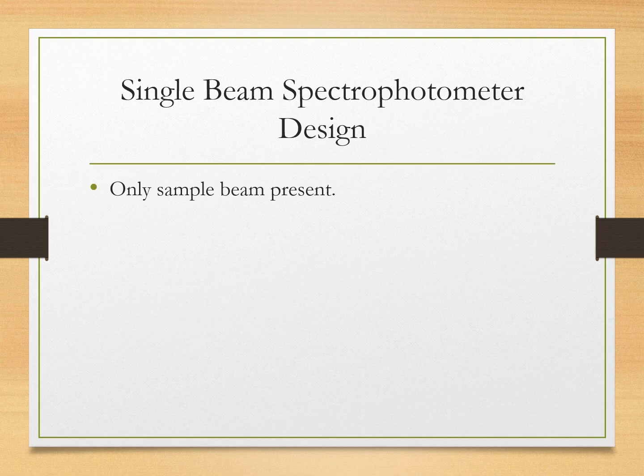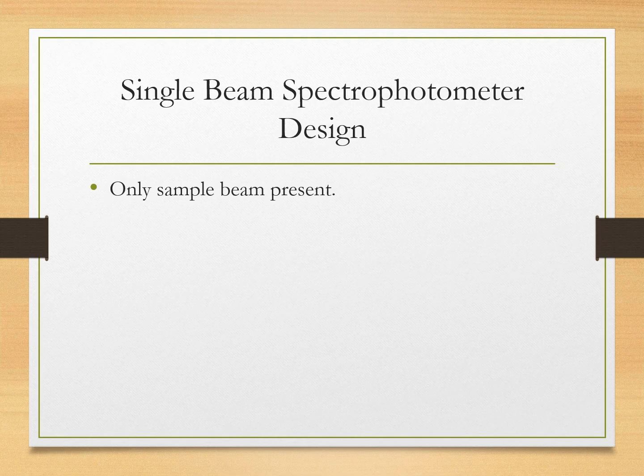The other one is the single beam spectrophotometer. A single beam spectrophotometer sends light only through the sample at one time, and sends light to the reference cell at another time. So these require manual blanking and are less stable, but are cheaper and commonly used.